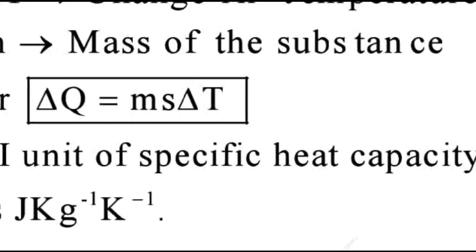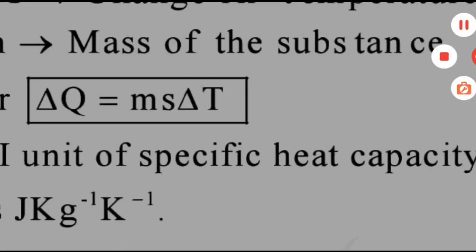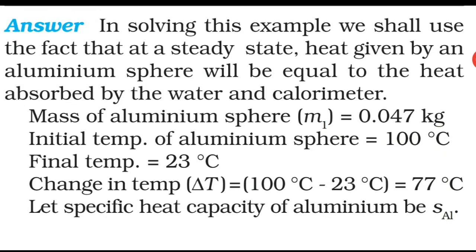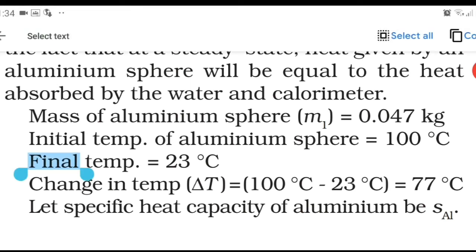That's what this equation gives. So we start with the concept that heat lost by the hot body is equal to heat gained by the cold body. So heat is lost by the aluminium sphere, and the heat is gained by the copper calorimeter and water. So we write the expressions for the three and we write it as an equation.